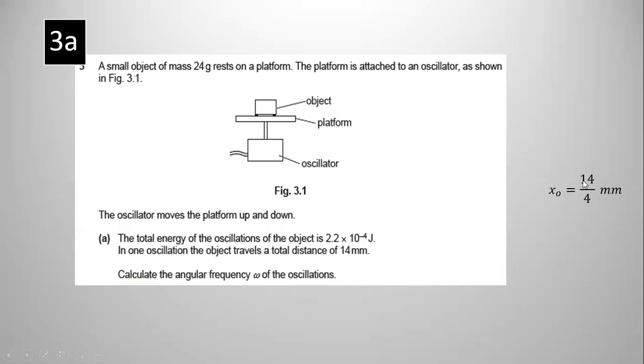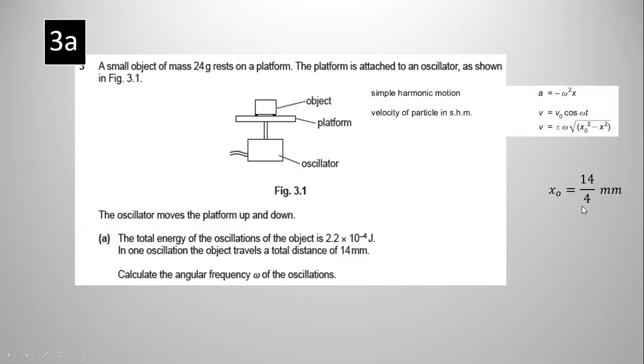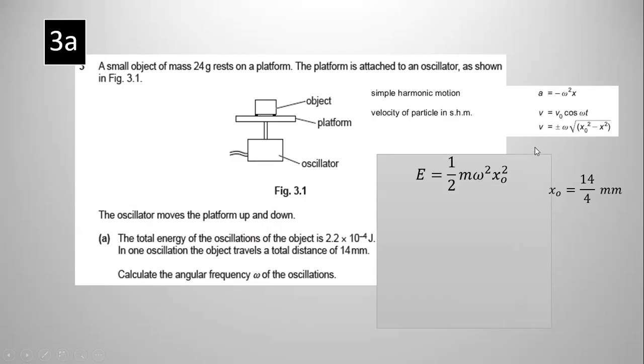The total distance covers 4 amplitudes, so the amplitude is 14 divided by 4, in millimeter. That formula is given in the formula sheet. You can remember it, or if not, refer to the formula sheet. Total energy can be obtained from here.